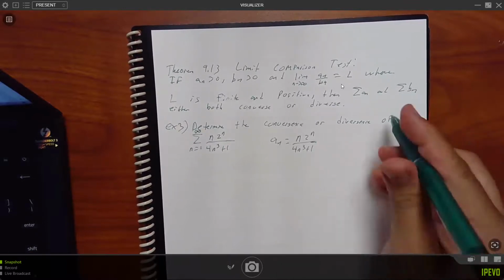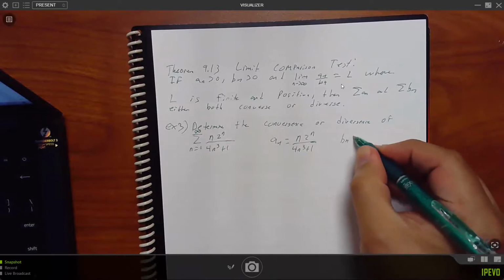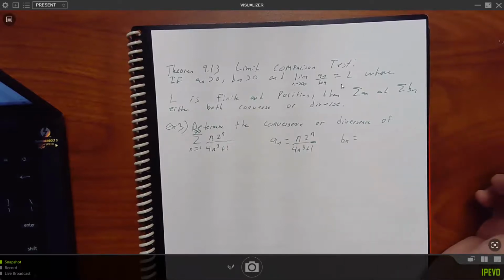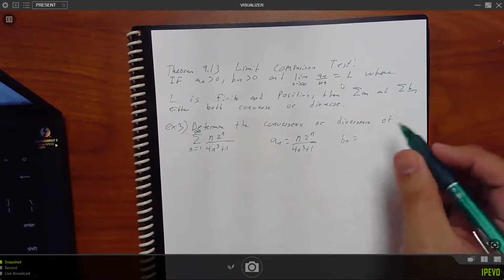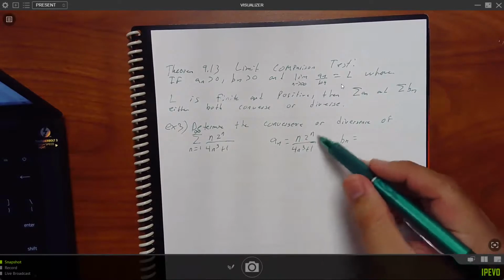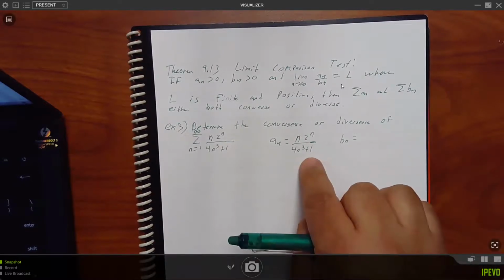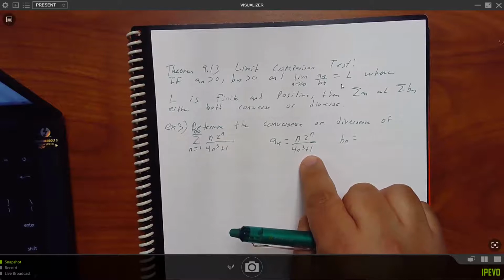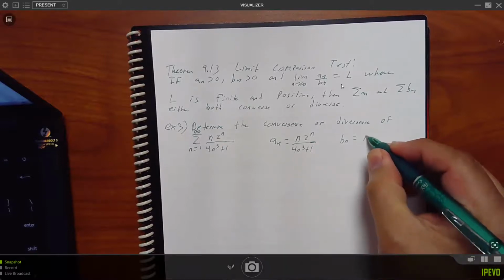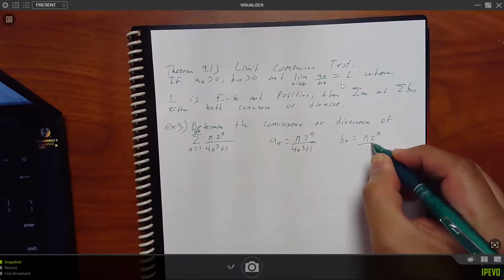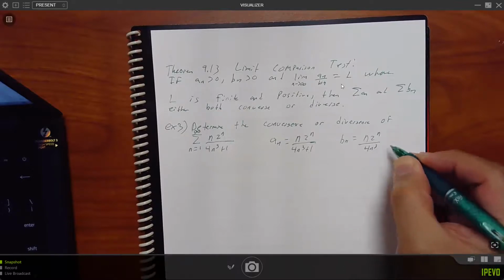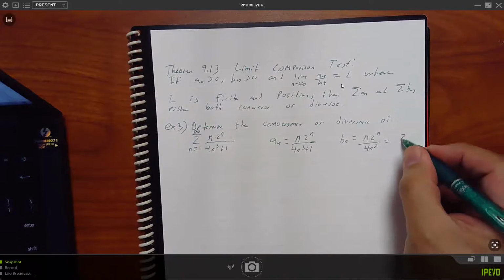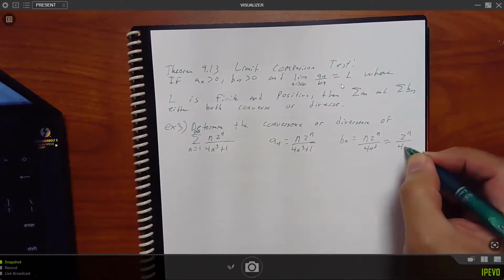Is it 2n over 4n cubed? Yeah, that's pretty close. Basically we use everything except that plus 1. The 1 is not doing anything really, right? So kind of like how we did the last one, you can say, you know what, let's use this guy here, but this will reduce into 4n squared.